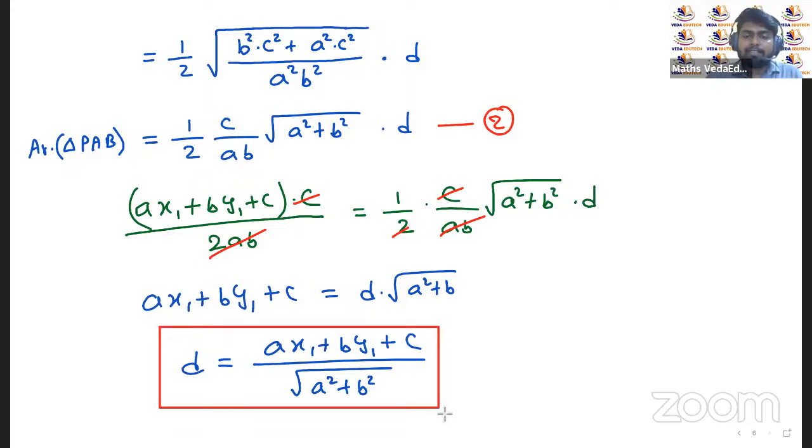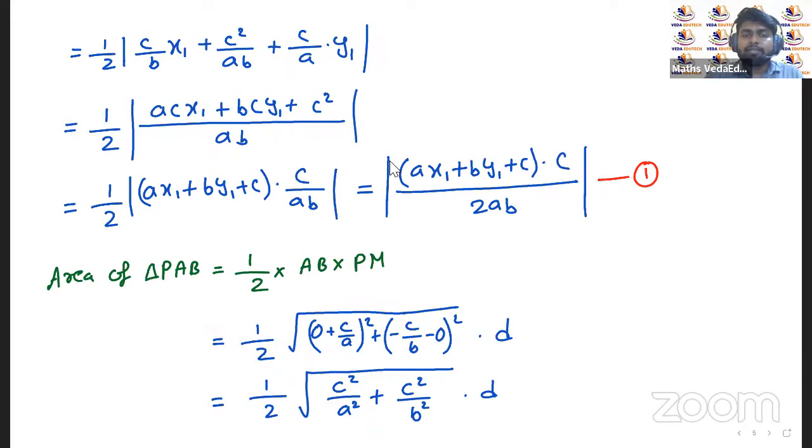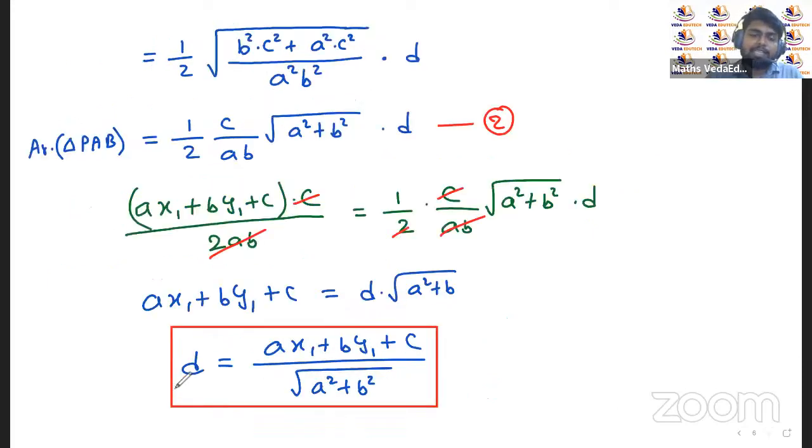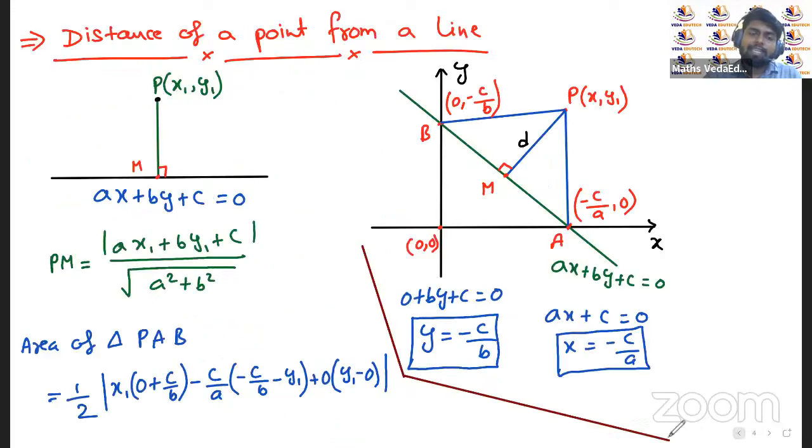So this is the final answer, D, the distance from a point to a given line. We can use this as a formula to find the distance.